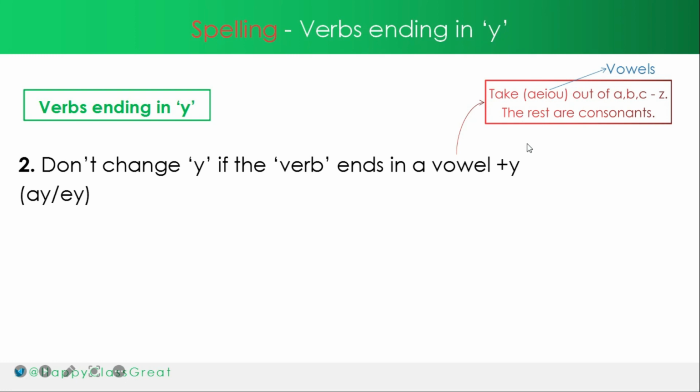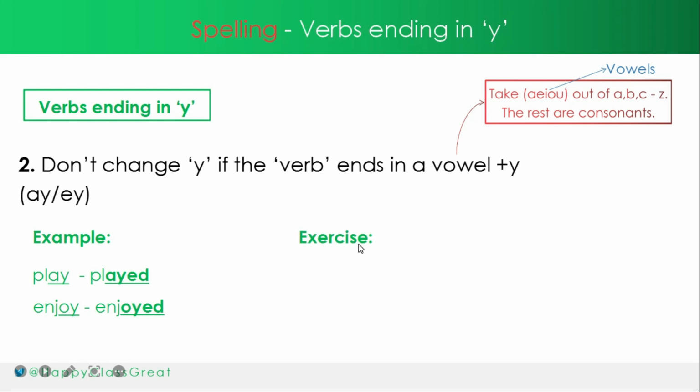The first example is play. Before the y we have a, and the a is a vowel. That means don't change the y to anything, just write the -ed. That will be played. And the same thing with enjoy: the correct spelling is enjoyed, as you see here.